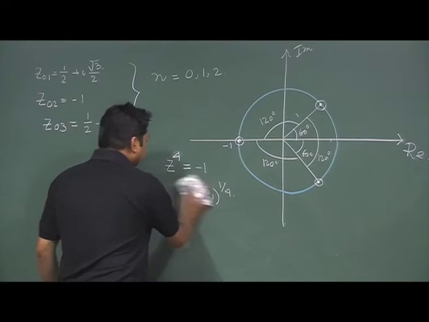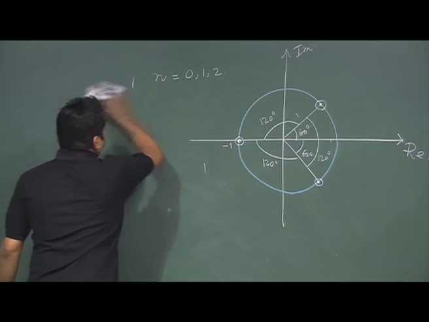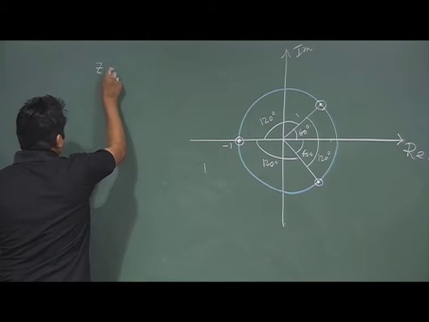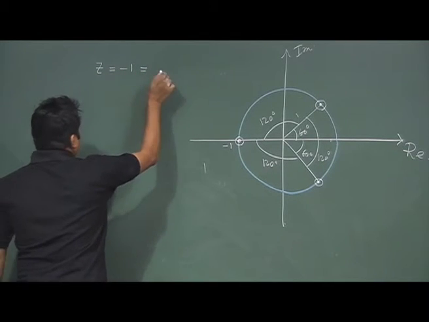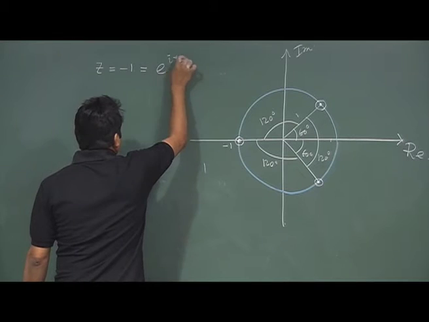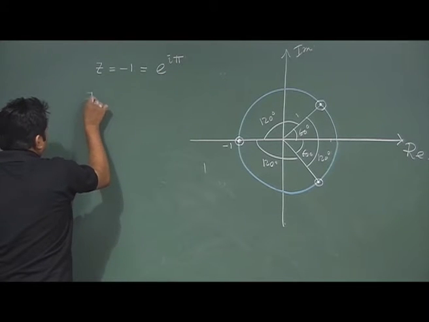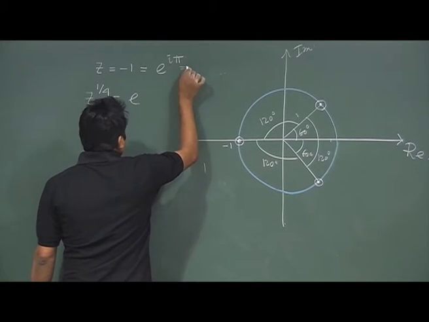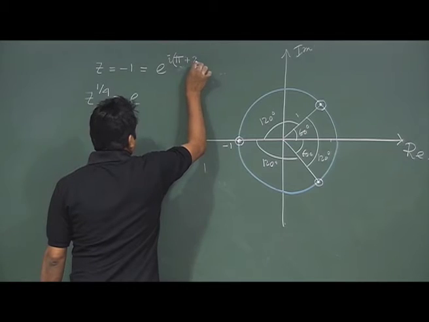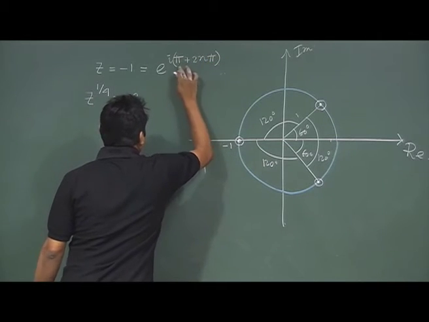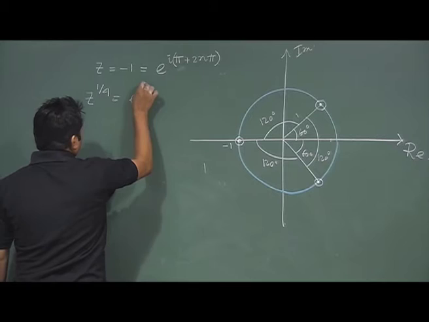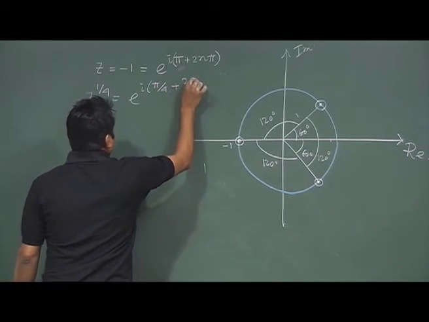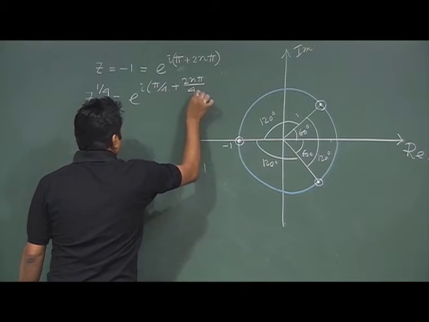So if I quickly try to find out, minus 1 is equal to e to the power i pi, just to show how to calculate these things. So I need to find z to the 1 by 4. So e to the power of this, I should write again with 2n pi, I shouldn't forget these things. So e to the power of i pi by 4 plus 2n pi by 4.